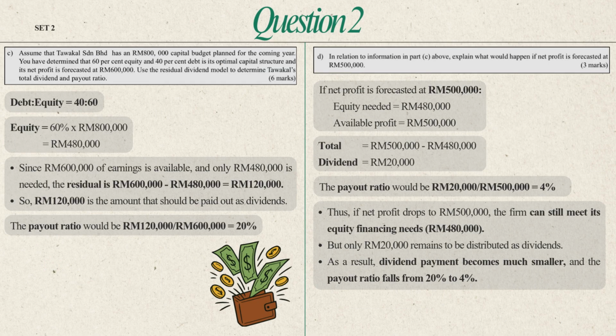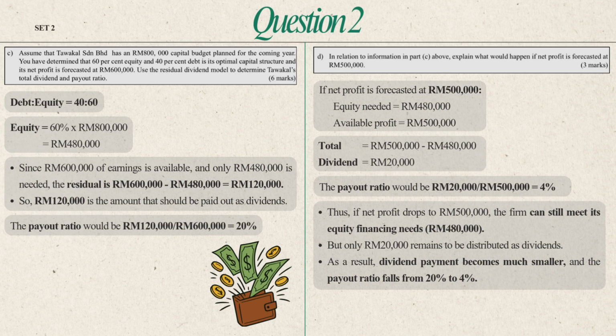For C, we need to use the residual dividend model to determine the total dividend and payout ratio of Tawakal Sendirian Berhad. The company has a capital budget of 800,000 and an optimal capital structure of 60% equity and 40% debt. To calculate the equity needed, 60% times 800,000 amounts to 480,000 ringgit.